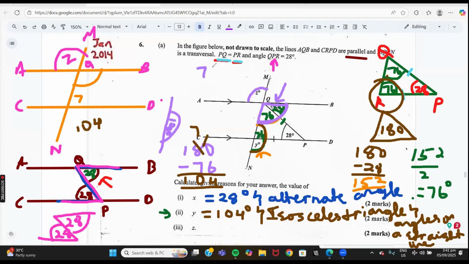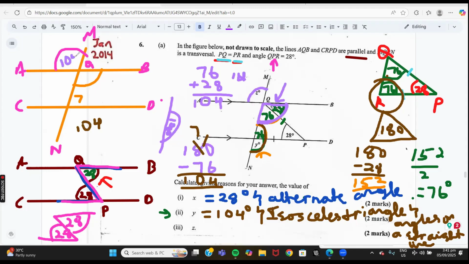So it'll be 76 and 28. 8 and 6 is 14, 7 and 2 is 9 and 1 is 10, which will give us 104.